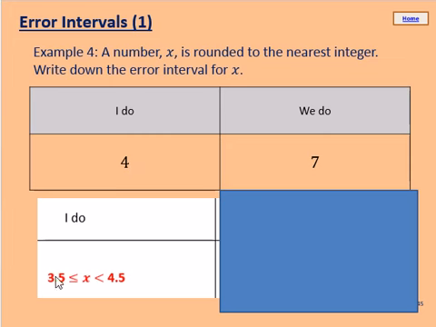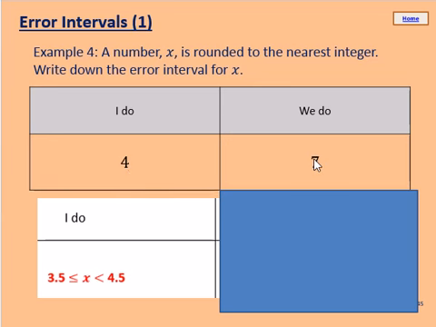So lower bound is 3.5. 3.5 would have rounded up to 4, so it includes 3.5, so anything greater than or equal to 3.5. And then on the upper bound, 4.5 would round up to 5, so it could be anything less than 4.5, because anything lower than 4.5 to the nearest whole number would round to 4.